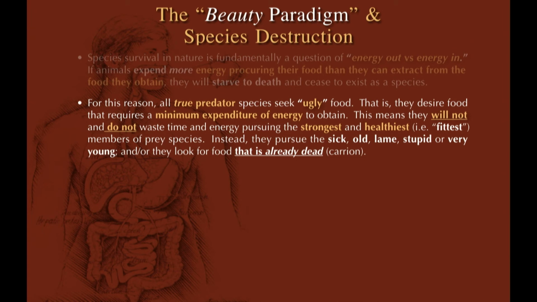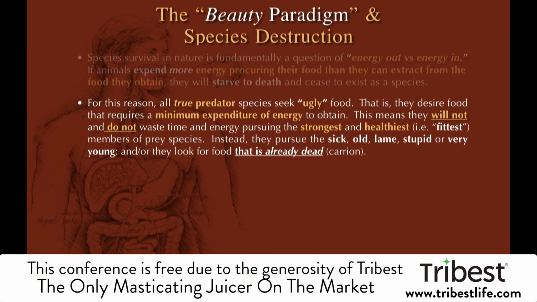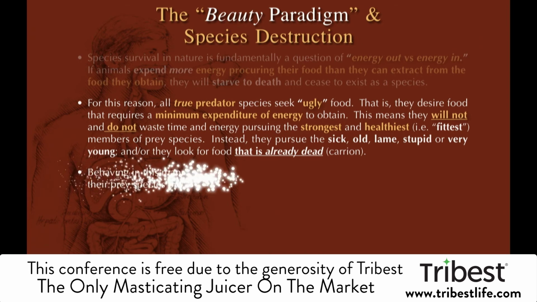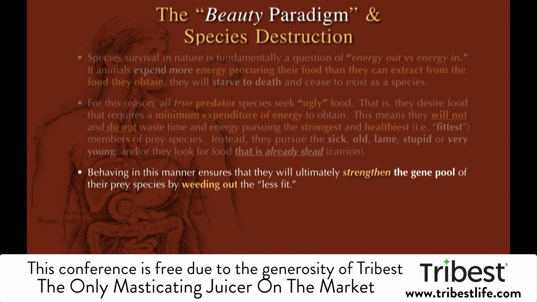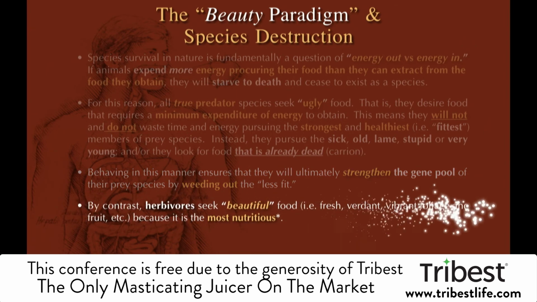They don't waste their time chasing healthy animals because they're not likely to catch those animals, or if they do, they're likely to be injured by them, and that means that they won't be able to hunt. So they look for sick, diseased, or very young animals, animals that are lame, or something that is already dead. And that means that they're weeding out the less fit genes, they're strengthening the gene pools.